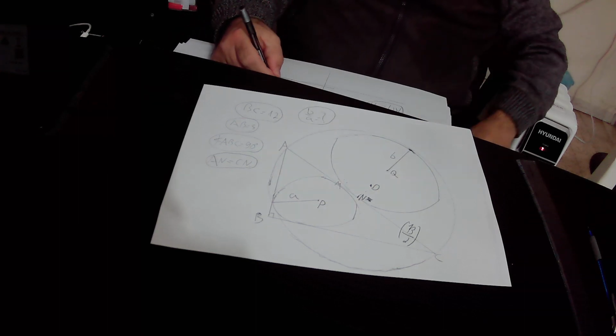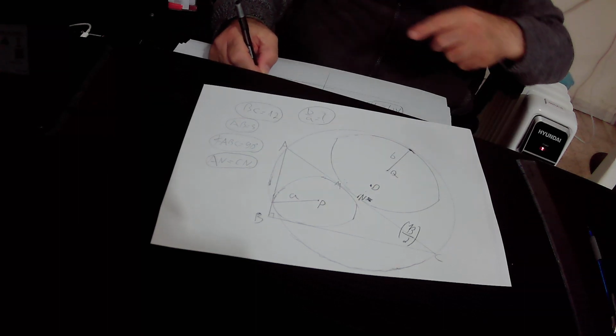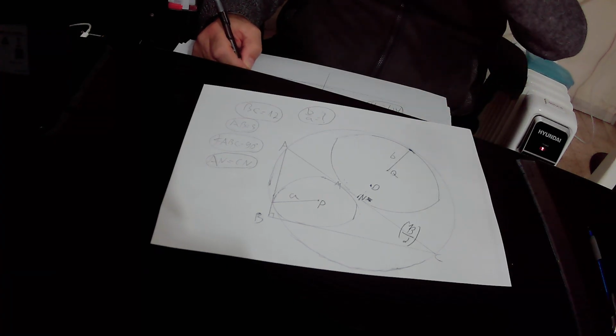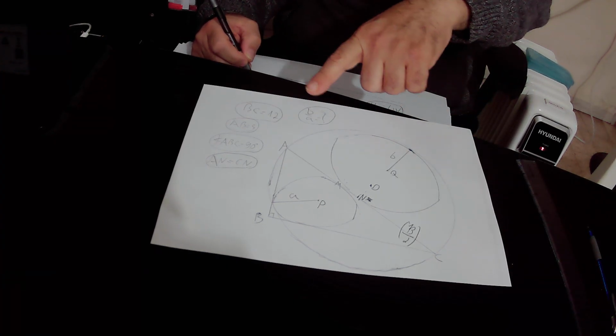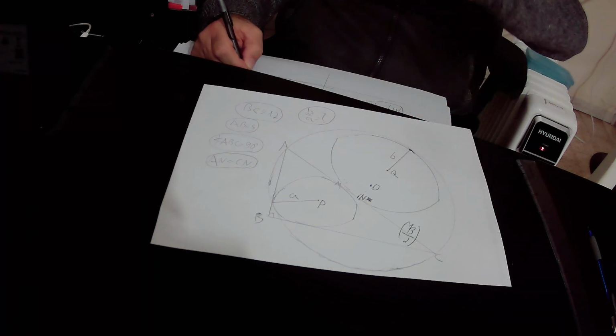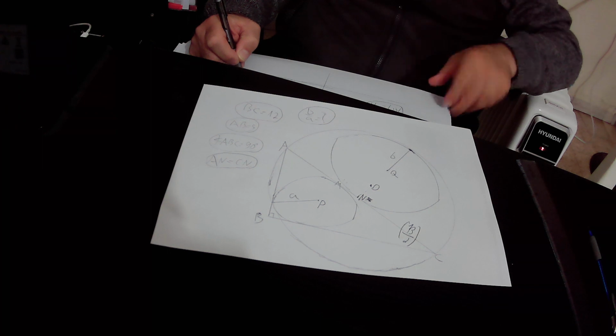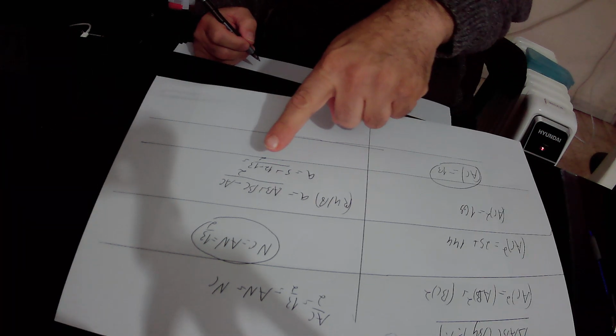It's given in the question that AB equals 5 and BC equals 12. We just found out that the length of the hypotenuse AC is 13. So AB is 5, BC is 12, and AC is 13.